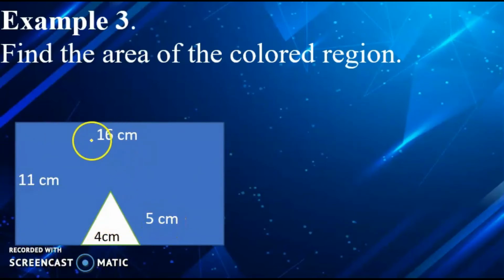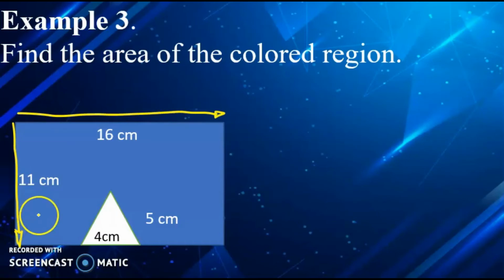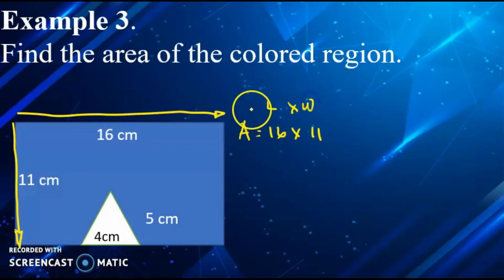Okay, so yung 16 cm, ito ang ating length. Ang width is 11 cm. So area is equals to 16 times 11. So, yun yung length times width.